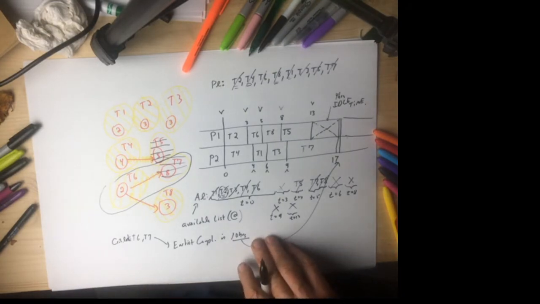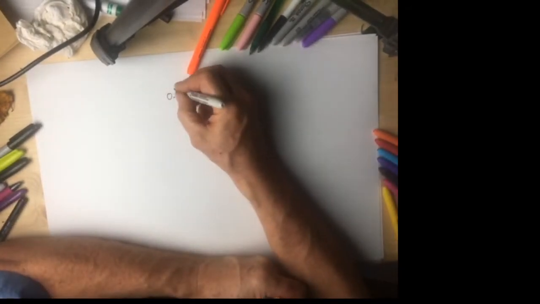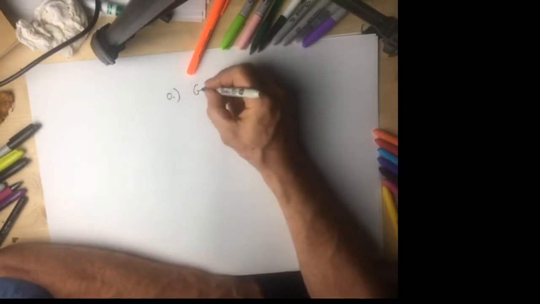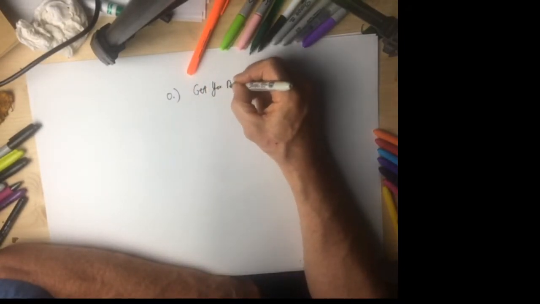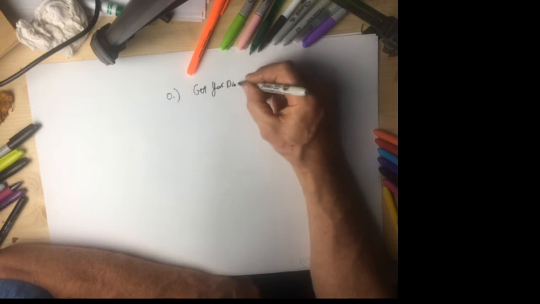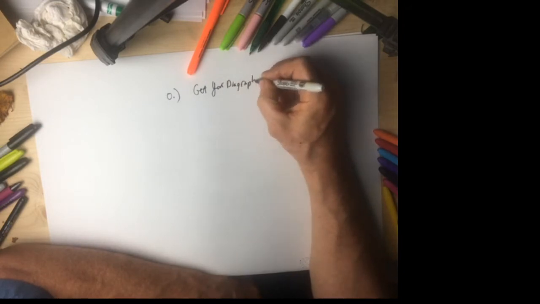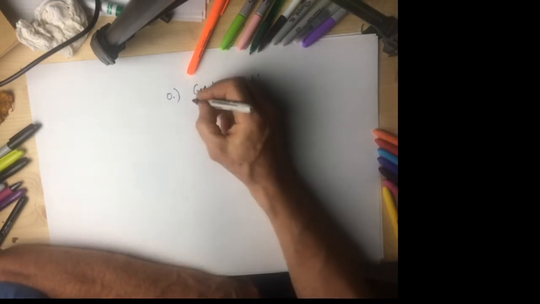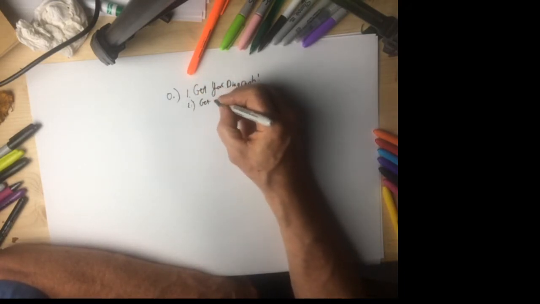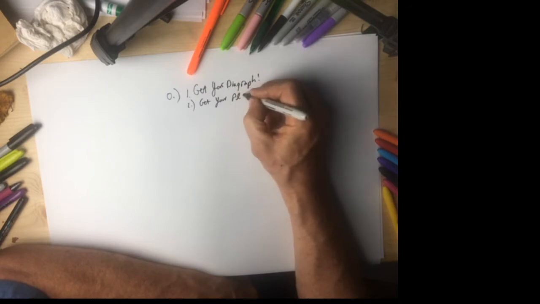So let's summarize the list processing algorithm. I like to call this the 0th step. Get your digraph, because you can't do anything without it. And get your priority list.